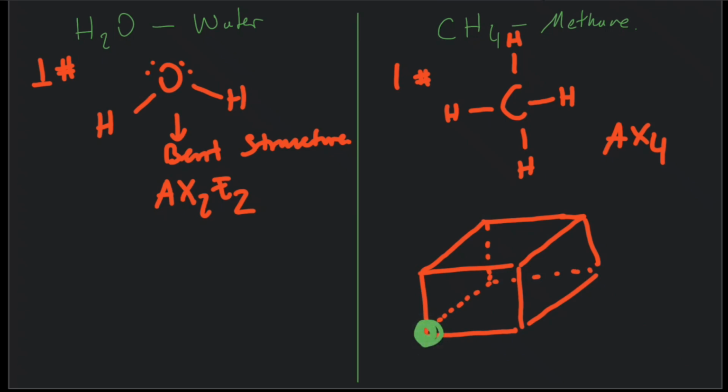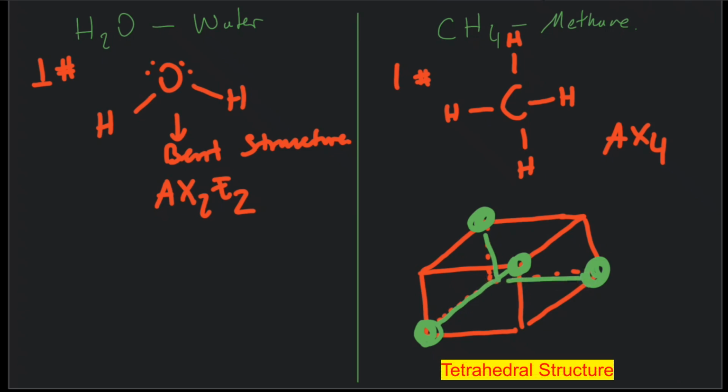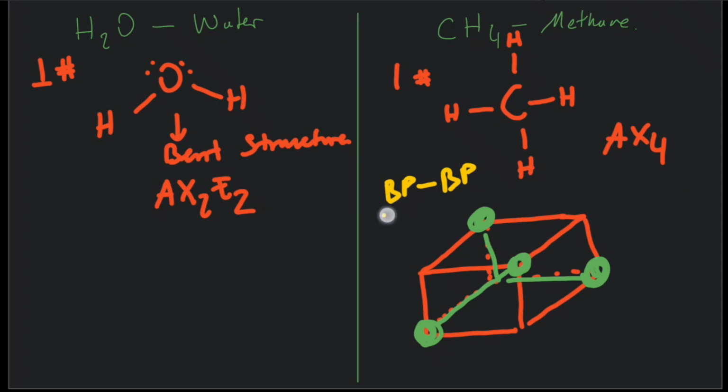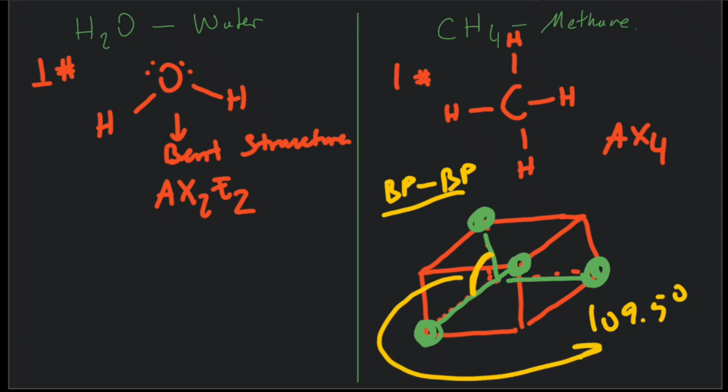We have two hydrogen atoms on the bottom and two hydrogen atoms on the top, and the carbon is in the center. So in here, bonding pair interaction exists. So from here to here, from here to here, and from here to here, we have only bonding pair interaction for the methane molecule. Therefore, the angle is 109.5 degrees between the hydrogen atoms. So this angle is 109.5 degrees.